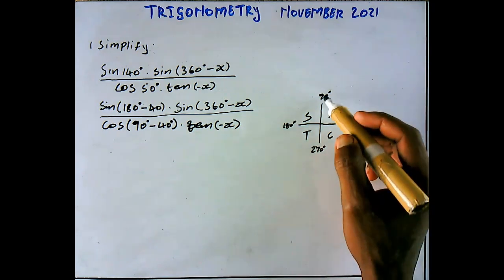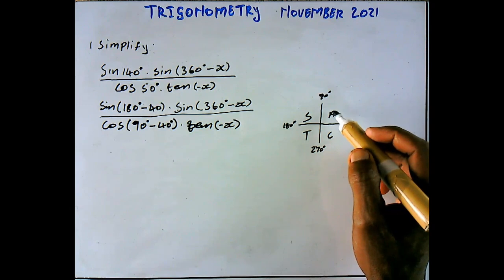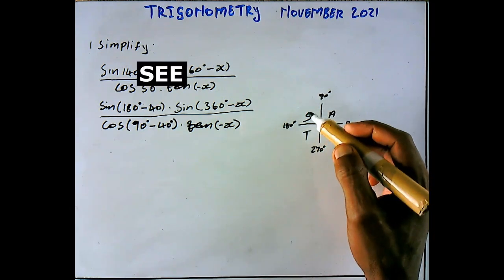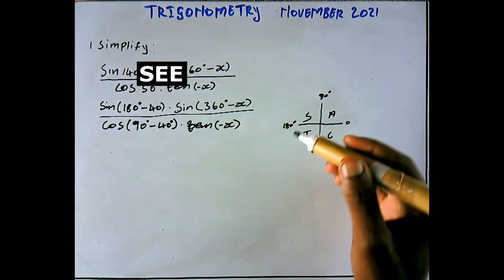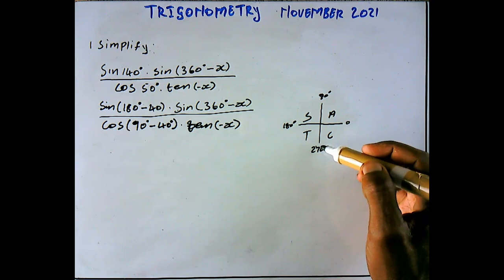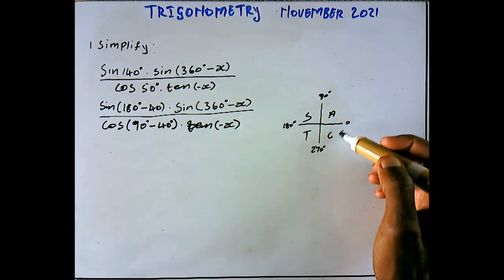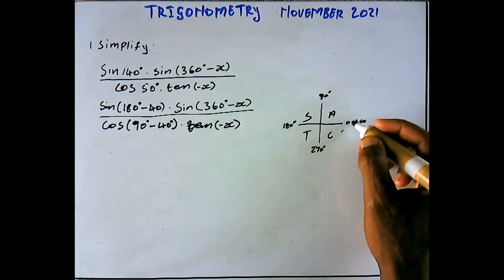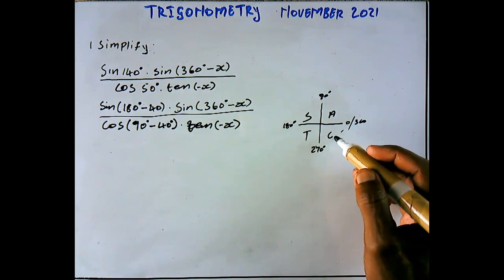From 0 to 90 degrees, all ratios are positive. 90 degrees to 180 degrees, which is the second quadrant, only sine is positive. From 180 to 270, only tan is positive. And from 270 to 360, only cos is positive.